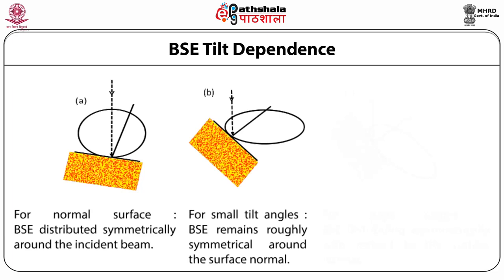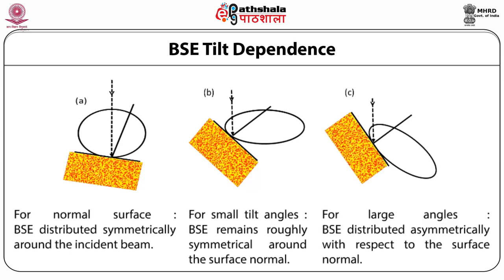For small tilt angles, the distribution of backscattered electrons remains roughly symmetrical around the surface normal, and for larger angles of surface tilt, the distribution of backscattered electrons becomes asymmetrical with respect to the surface normal, developing a distinct lobe caused by a predominance of forward scattering.